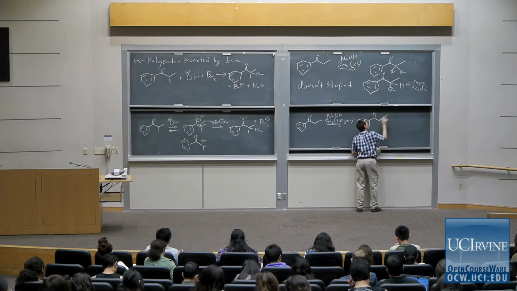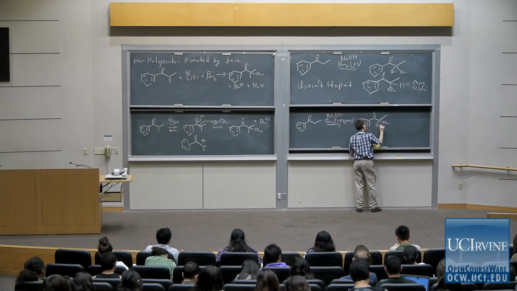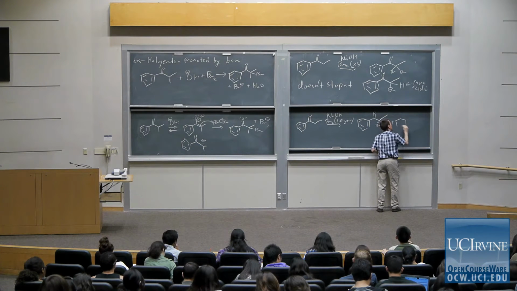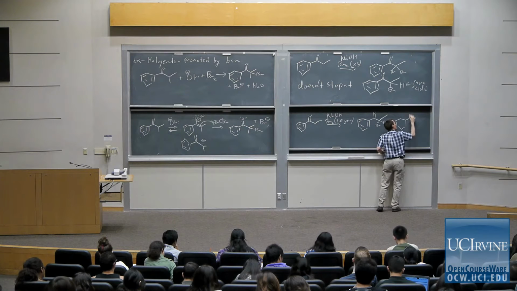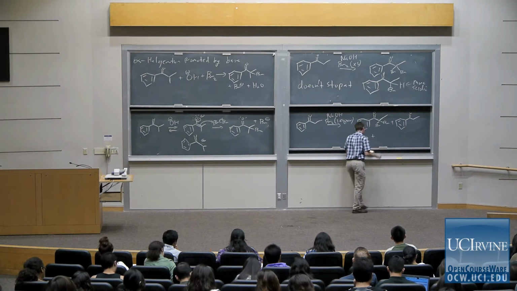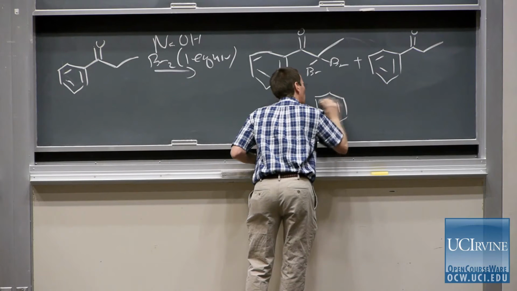I'd end up with some of the dibromo. I haven't done this myself, but it'd be cool to monitor by NMR, because you'd see peaks for all of these. Some of the unreacted starting material, you'd probably see some of the monobromo in there as well.